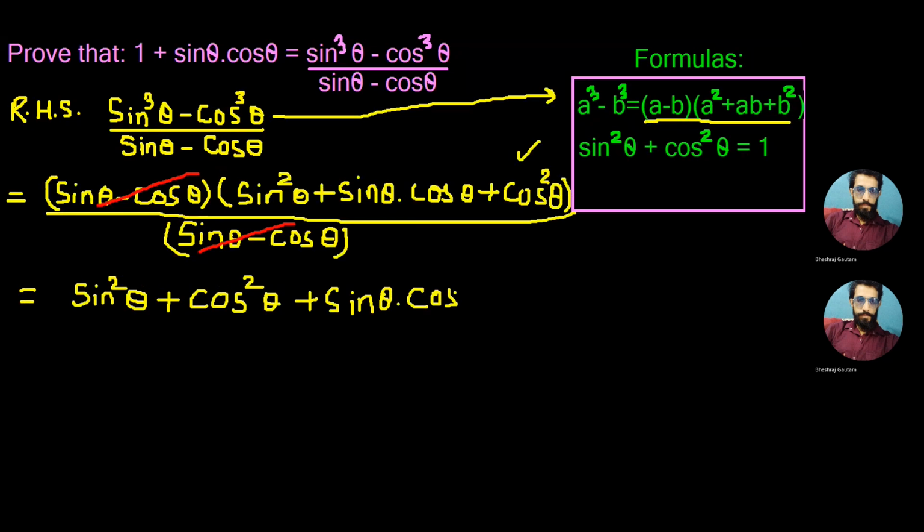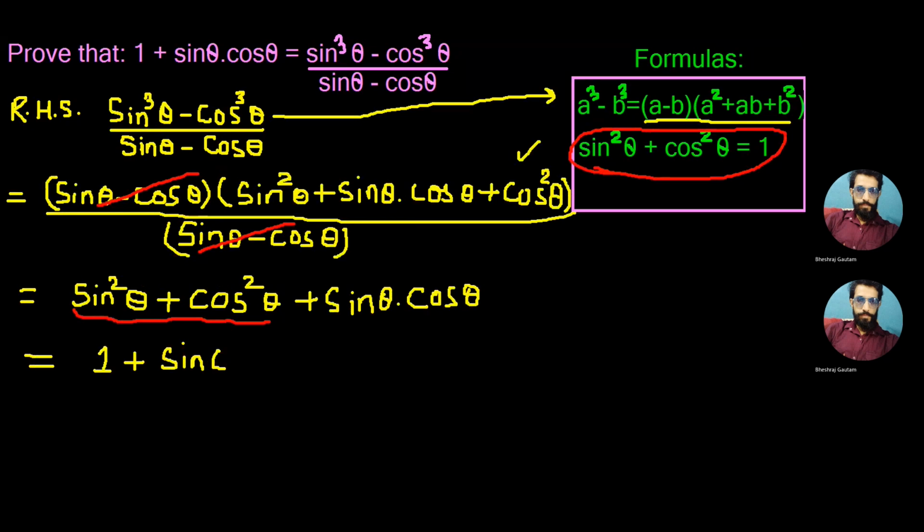Now, as we know, one of the fundamental formulas from trigonometry, sin square theta plus cos square theta, can be written as 1. So doing the same, we get 1 plus the remaining sin theta into cos theta, which is the same as the left hand side of the given question. So here we prove left hand side and right hand side are equal.